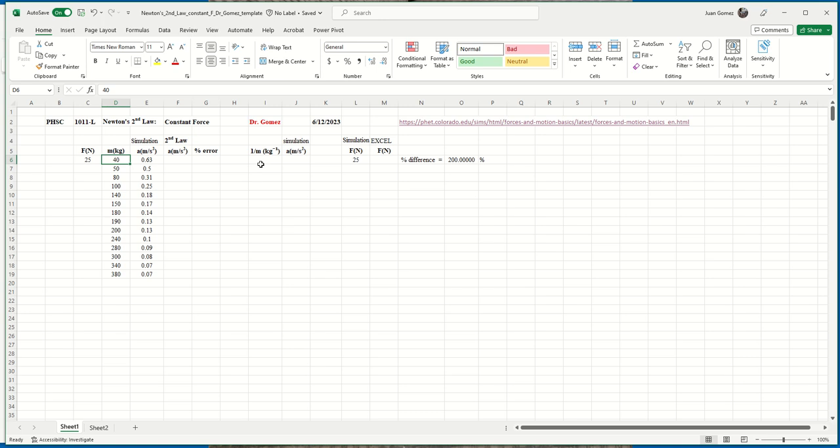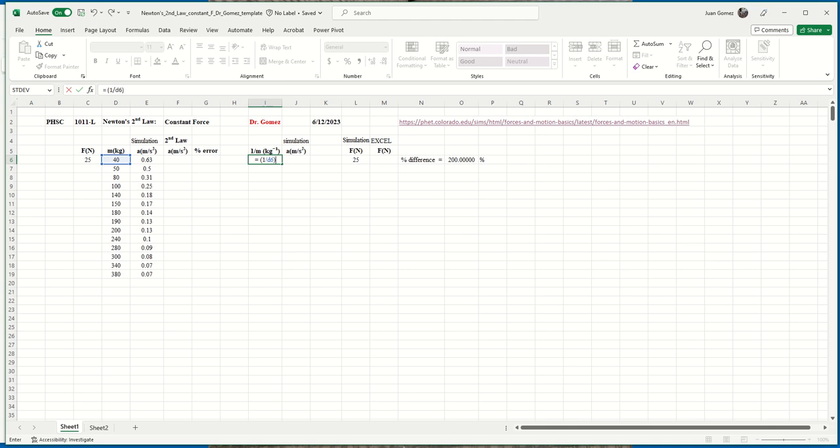So all you have to do in Excel is, in the cell, type in the following: equals, then I like to use a space, and then left parenthesis, and then 1 divided by, and the first entry is D6, and then close parentheses.